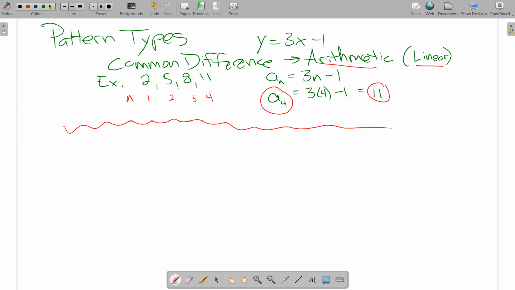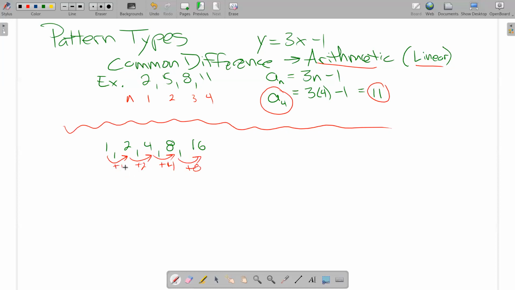Another kind of pattern that is common, if I look at the sequence 1, 2, 4, 8, 16, here there isn't a common difference. So if I look at how to get from one to the other, 2 minus 1 is 1, I would add 1. 4 minus 2 is 2, so I would add 2 to make that jump, and then I add 4, and then I add 8.